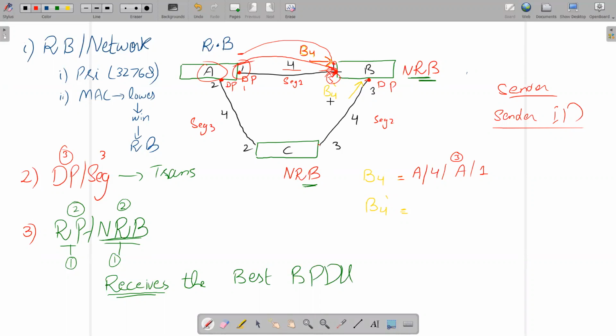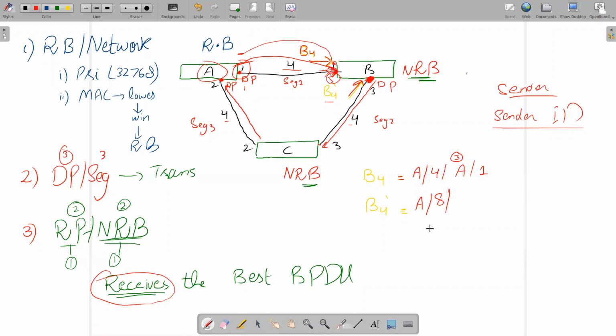And now it's the turn to write B4 dash. Your focus should be on the receiving side. So the first information is always the same, that is A. And then the cost: you have reached over here, so you need to move back towards the root bridge. How many links? 2, 4, 4 plus 4, 8.